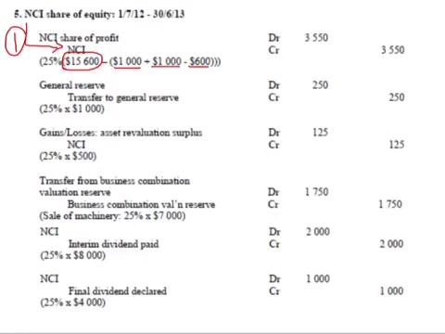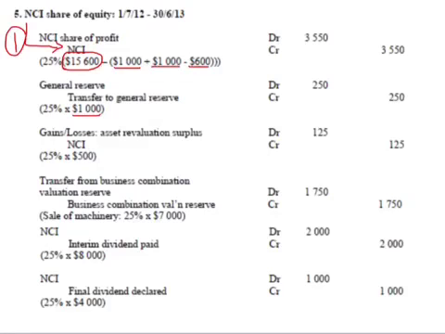The second thing that occurred in the current year is that a transfer was made from retained earnings to general reserve to the amount of $1,000. Now, this transfer to general reserve was made out of pre-acquisition equity, and when we looked at the pre-acquisition equity elimination entry for the parent, we dealt with the parent share in that entry, because for the parent we are concerned whether it's pre-acquisition or post-acquisition earnings.